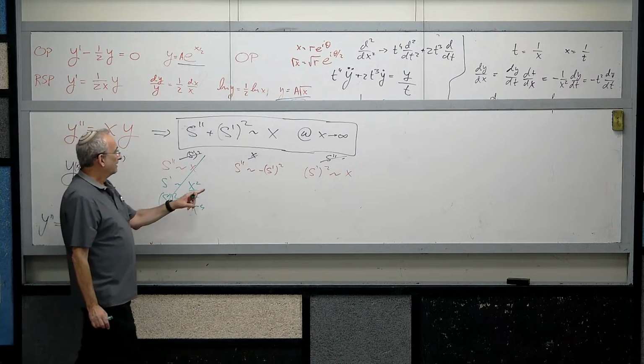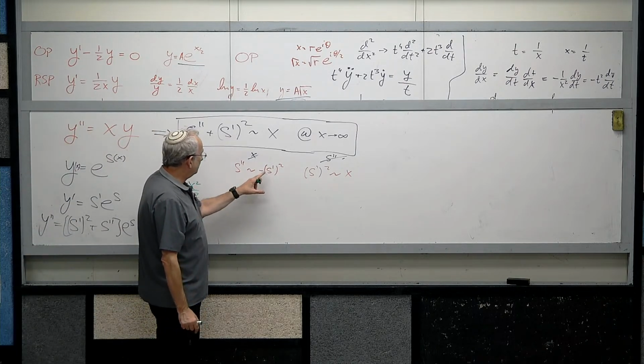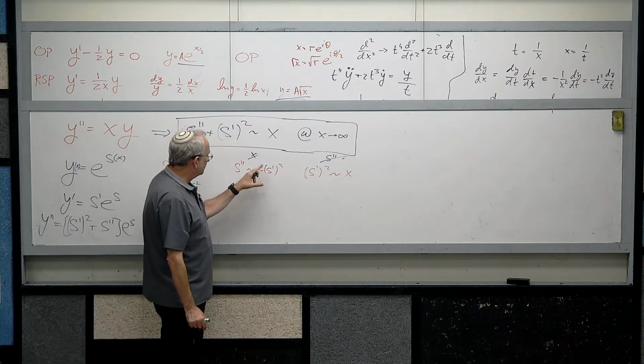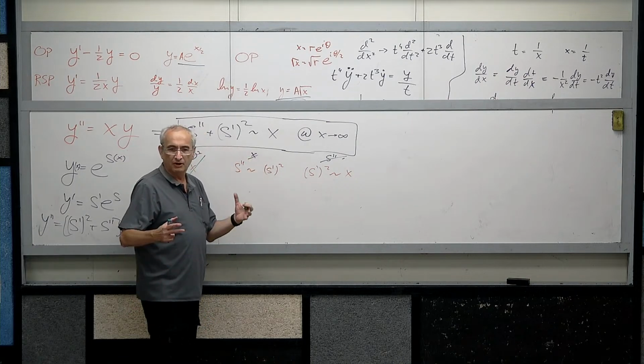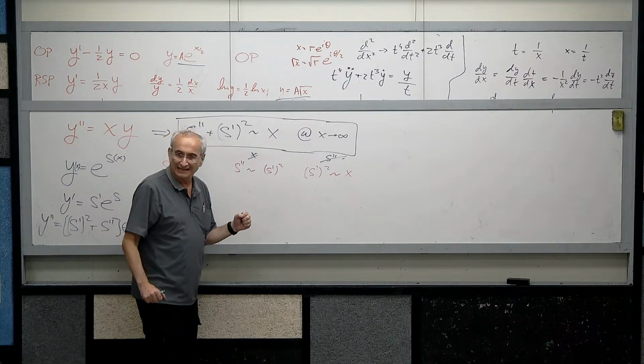Next. Here I assume that s double prime is asymptotic to minus, forget about the minus, I'm speaking now about size, not about signs.